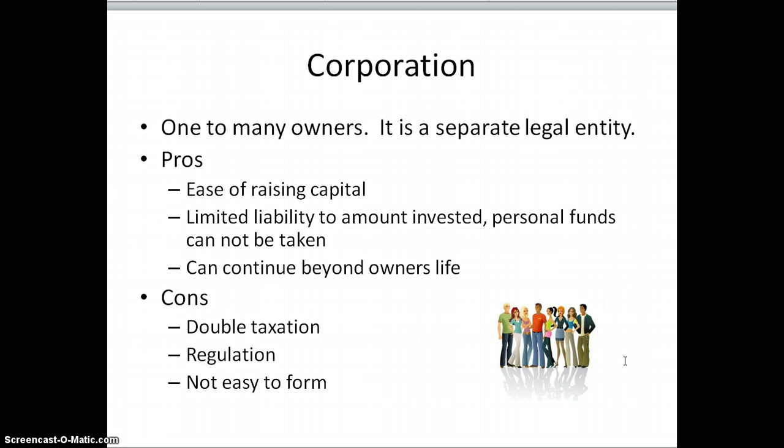So there are some pros to a corporation. First one is ease of raising capital. You can sell stock on an exchange, which makes it easier. Also, there's limited liability to the amount invested. So if I were a corporation and I had the same lemonade stand out there and someone got sick, they could only take what's invested in the business. They couldn't have my house or my savings account or any of that stuff.